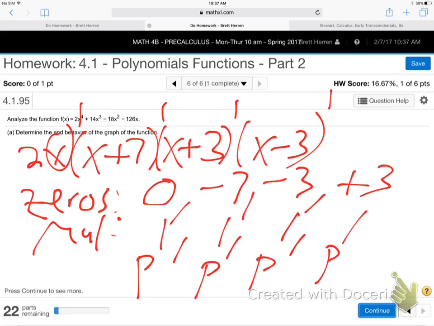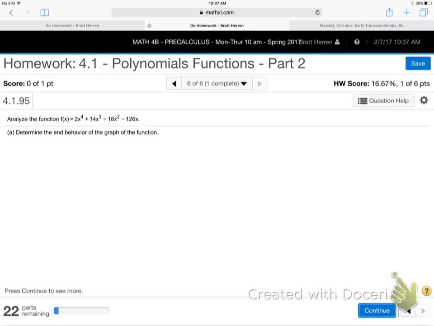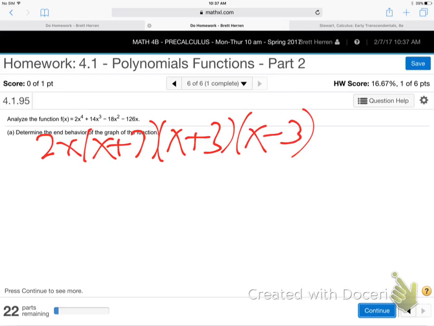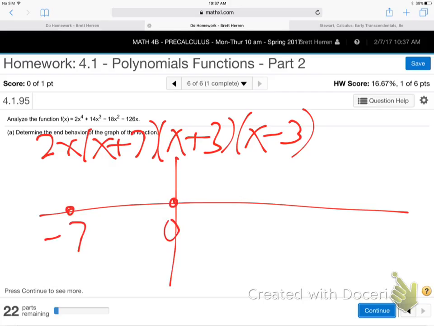Is that good? So we can go to the basic graph. And the end behavior's up, so let's do that. Again, we have 2x, x plus 7, x plus 3, x minus 3. The graph is going to go through -7, 0, -3, and +3.